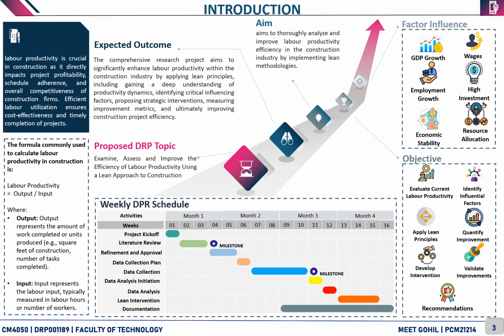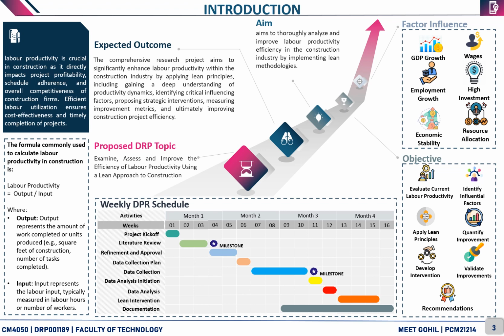And last, providing recommendations for implementation: offers practical recommendations for the implementation of lean strategies in construction project management, fostering a culture of continuous improvement and efficiency in labor productivity.